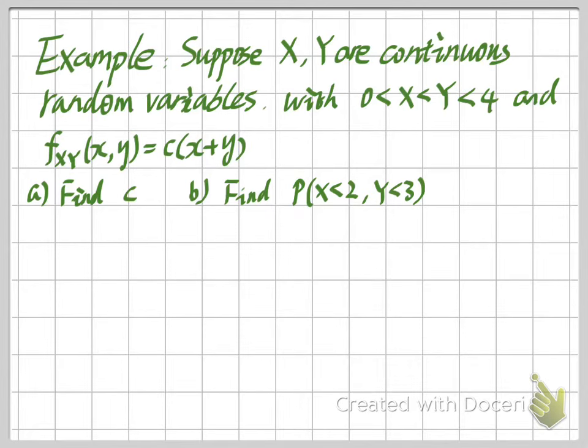So here, let me use this example to explain how we can use the double integral to compute this problem. In this question, we have two random variables, x and y, and we also have a region for these random variables. Here x and y are between 0 and 4, and also x should always be smaller than y.